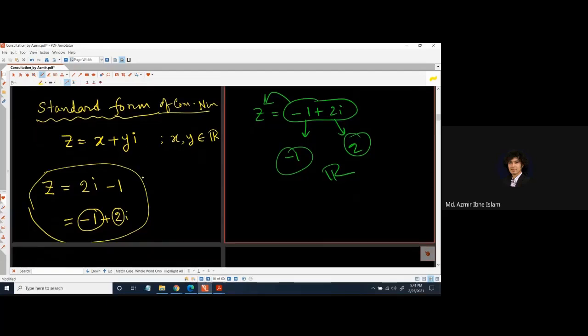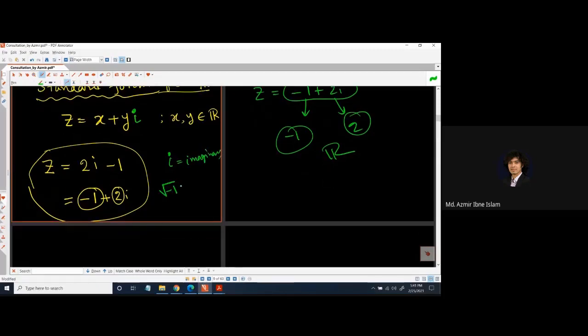Now, the important part is, what is this symbol i? Here, i stands for imaginary. So the square root of -1 is denoted as i. z equal to -1 plus 2i actually derives from -1 plus 2 root over -1.